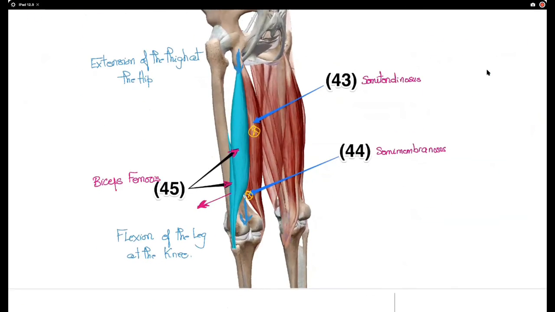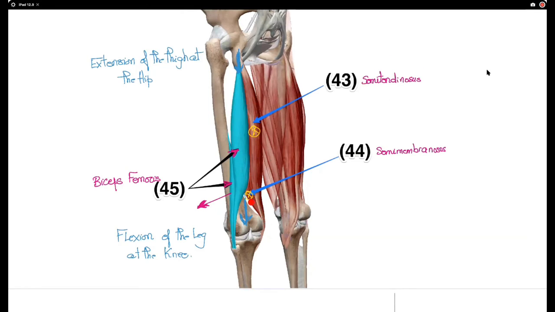Looking on here at the hamstring group, you see a muscle with two heads located on the lateral side of the posterior compartment of the thigh. This is my biceps femoris. On the medial side, we have two muscles. One, the superficial one of them, half of its length is a tendon, so we call it semitendinosus.